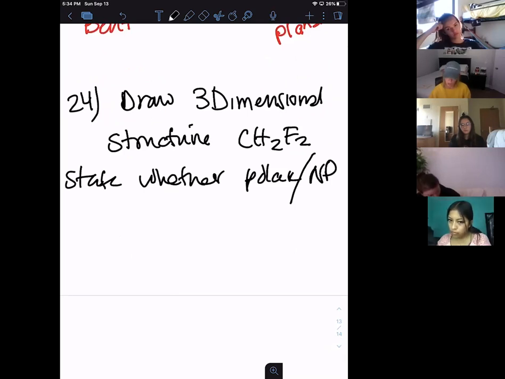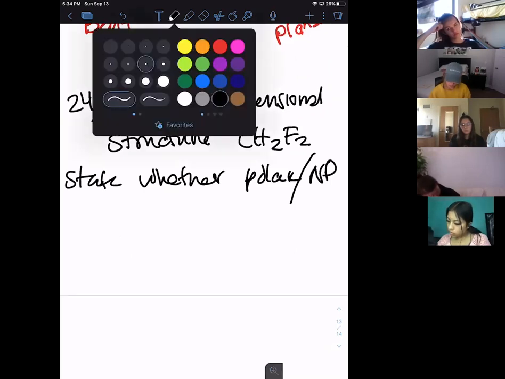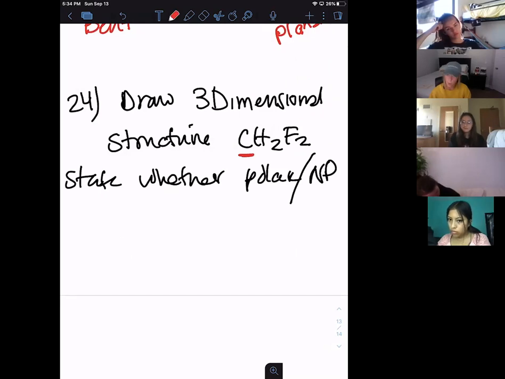Okay? Again, always start with carbon. It's organic chemistry, we always start with carbon. Carbon is the backbone of everything. When we get to that section, you'll know why. Always start with carbon, okay? Then do oxygen, nitrogen. Always start with carbon though.